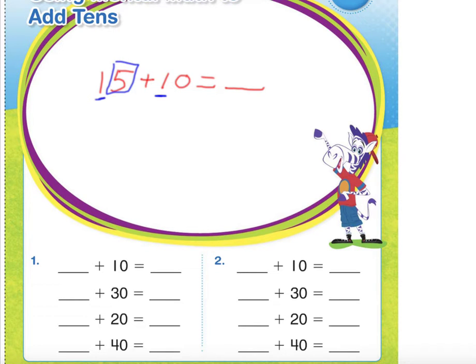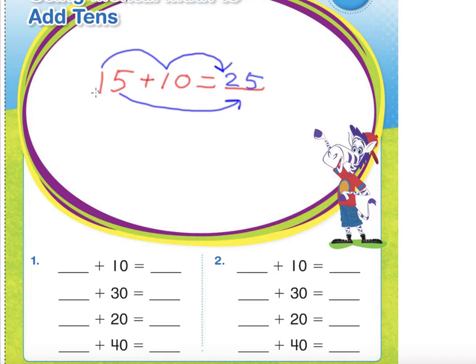Okay? And let me show you exactly what I'm talking about. So first, we will take this 1 and this 1, and we're going to add them together and put it right here. And what's 1 plus 1? 1 plus 1 is 2. Then we're going to take this 5, and it just goes along right with it on the other side. That's all we're doing.